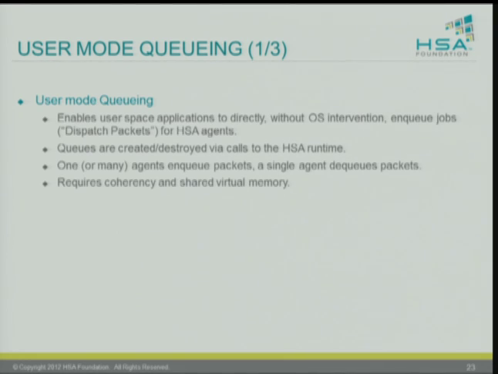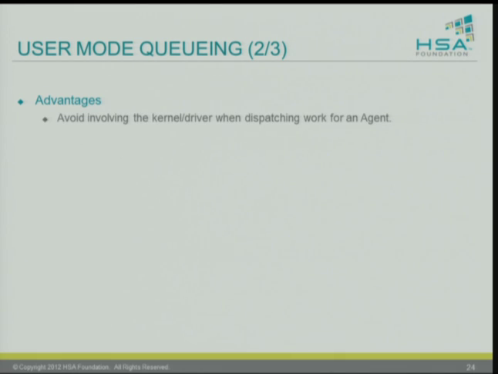And what's important here is that this sits on top of the shared virtual memory and the coherency. So those are kind of stepping stones to enable this user mode queuing. So the advantages of this, of course, is that you avoid involving the kernel or the OS or driver when you're dispatching work for an agent.